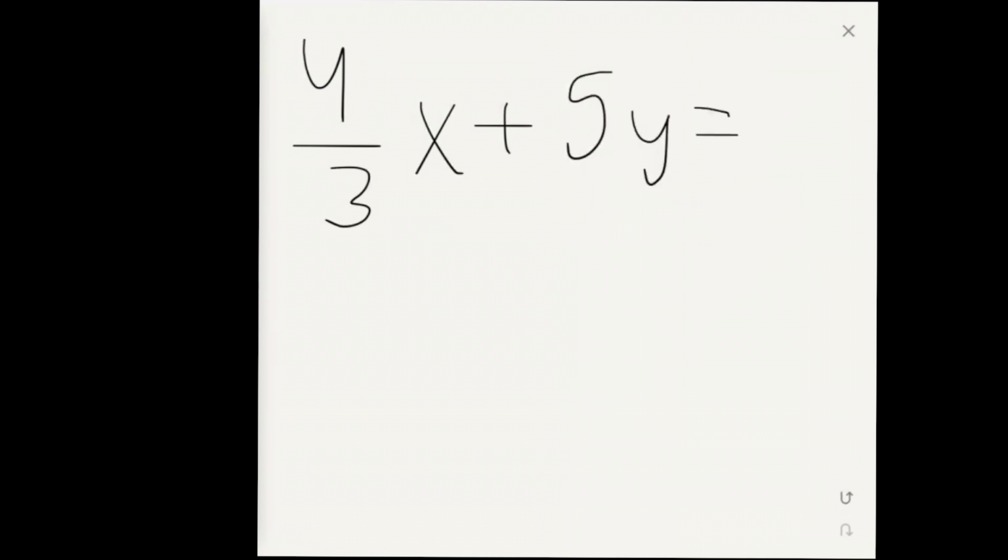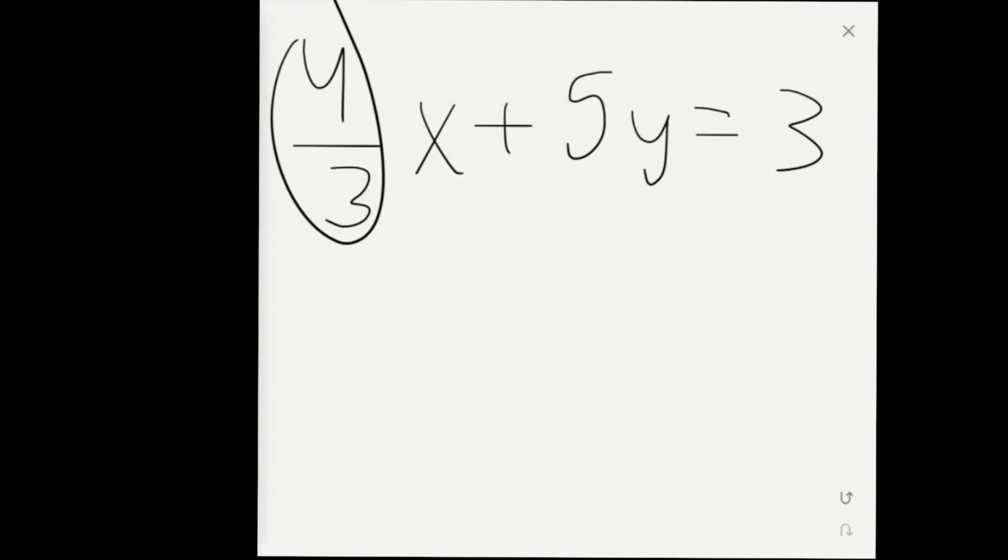So what does this mean? Say you have the equation 4/3 x plus 5y equals 3. Is that in standard form? Think for a second and tell me. No, it is not, because this value over here has a fraction. So what can you do about this? All you have to do is get rid of the fraction.